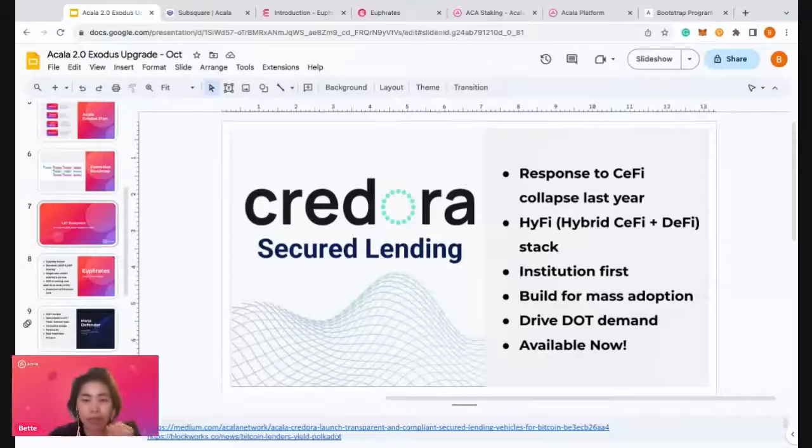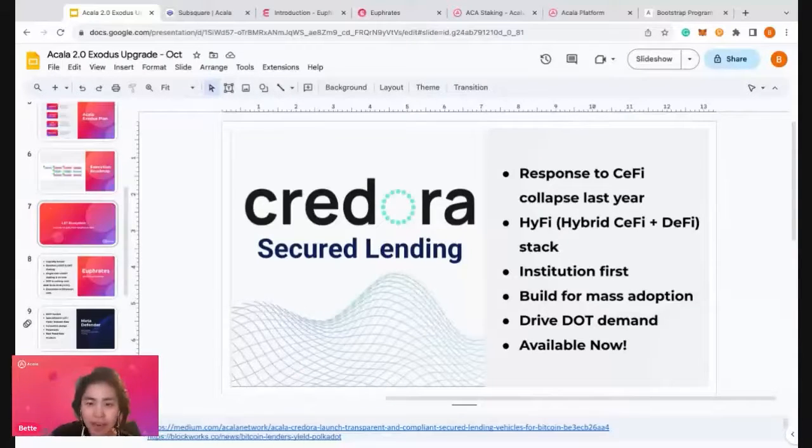And with this technical and legal setup, the yield cannot be generated from anywhere else. So with this one single lending vehicle, SPV, it can only generate what is stated, which is from Polkadot staking via the Acala liquid staking protocol.